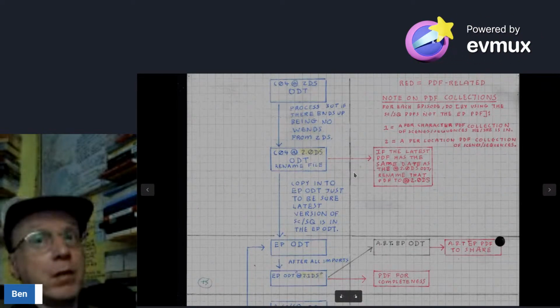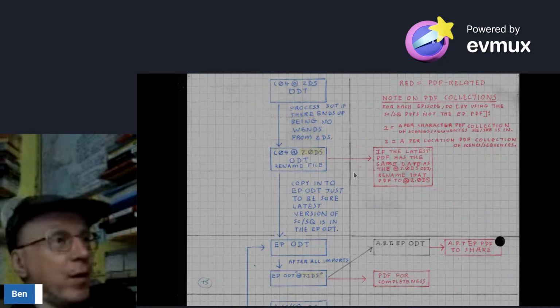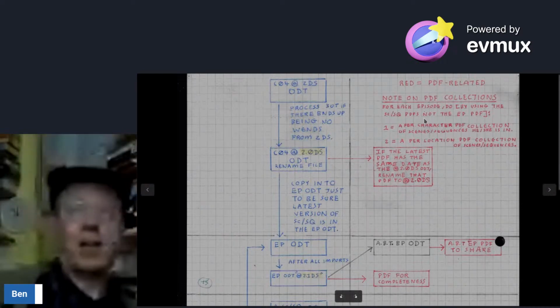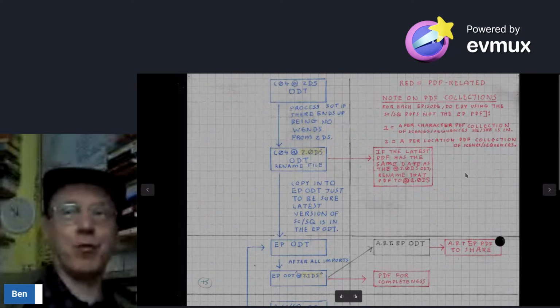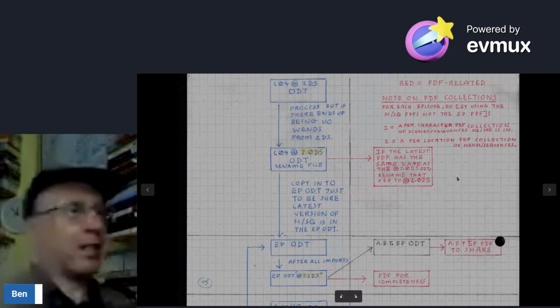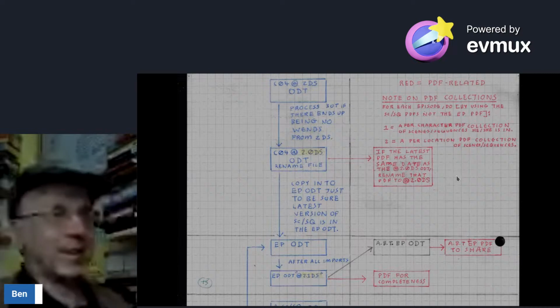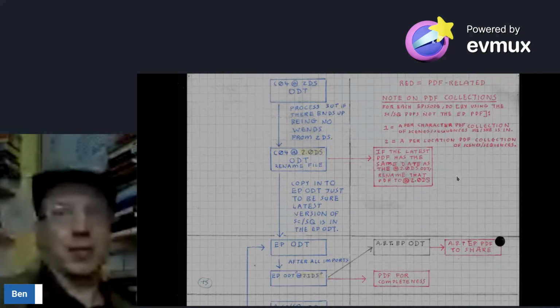I've got it clear in my mind. And before this, it was on a piece of paper and it wasn't clear. The bits about PDFs were in blue. And I was thinking, that's not the right color code for my mind because PDFs are red. That's what the icon is. It's red. So that has to be consistent.